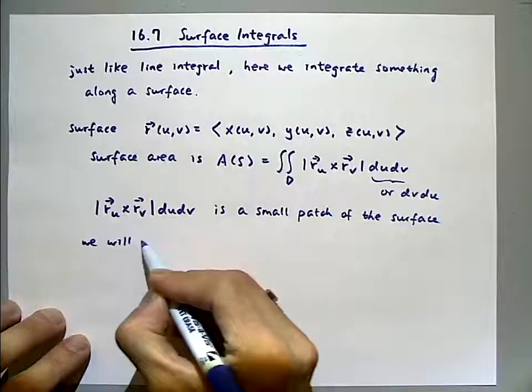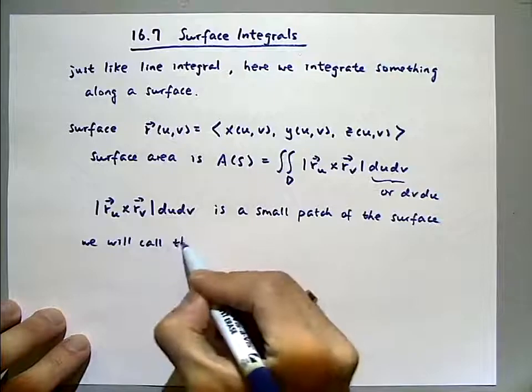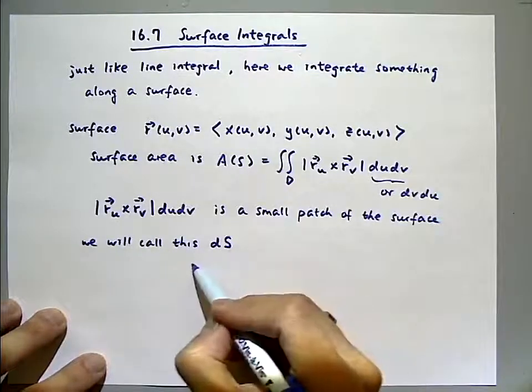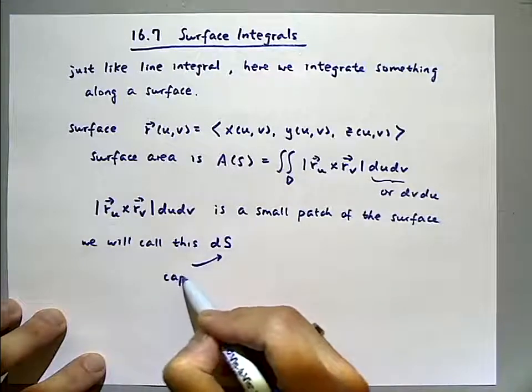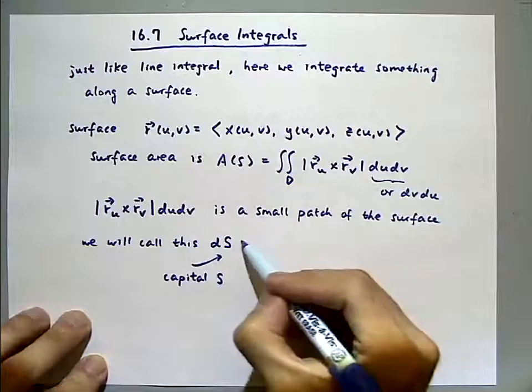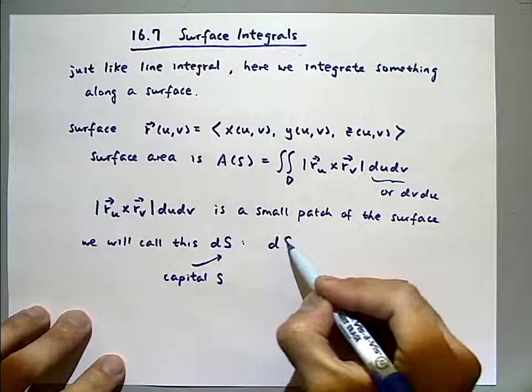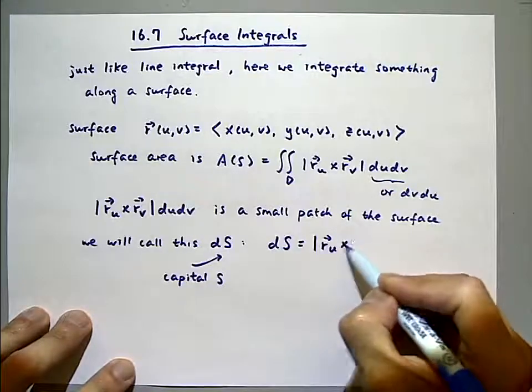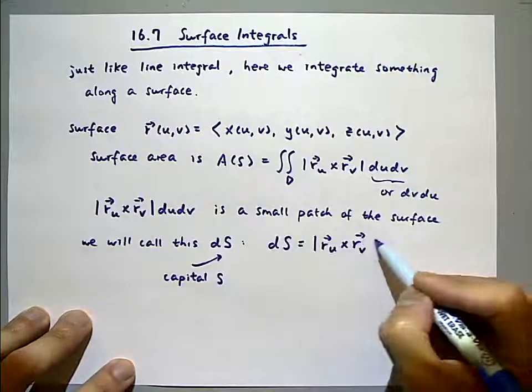So we're going to call this thing d capital S. So we'll define dS, d big S, as the magnitude of Ru cross Rv, du dv.